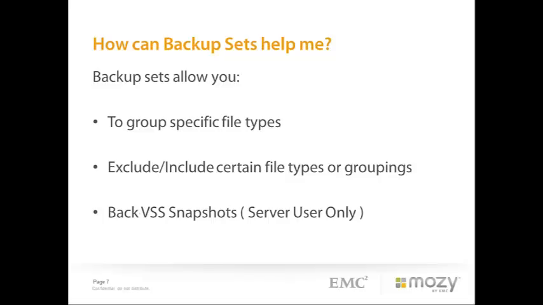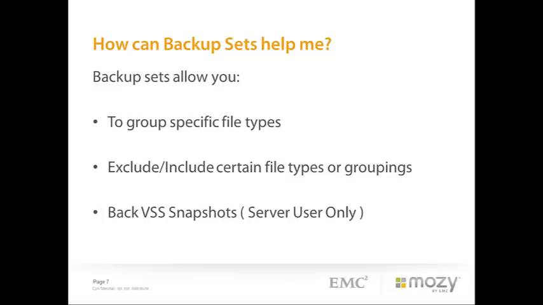You can also use backup sets if you're a server user for VSS snapshots. For anybody backing up Active Directory, Exchange, SQL Server, they will have their own VSS snapshot backup sets. They're created when we do a scan of the system and see that this software is on your server.